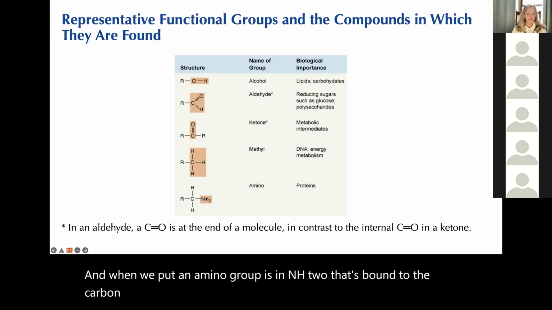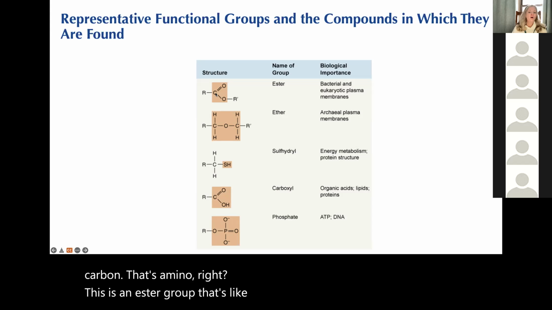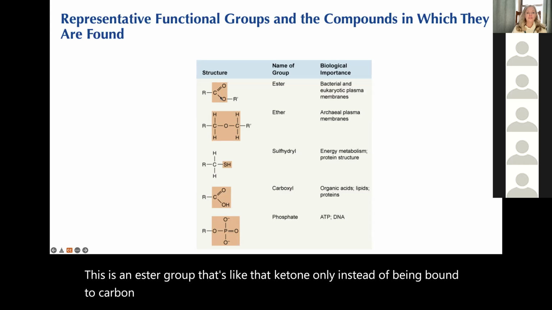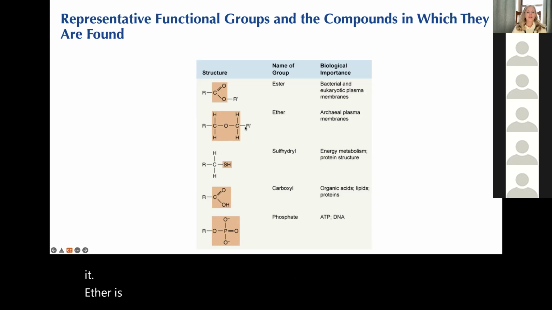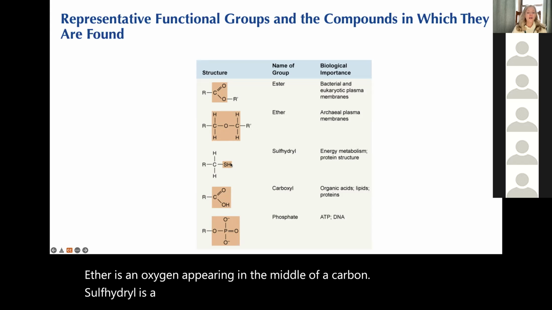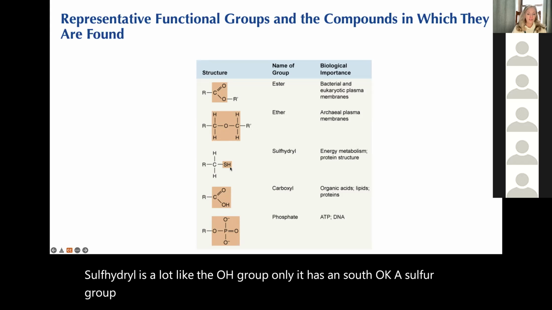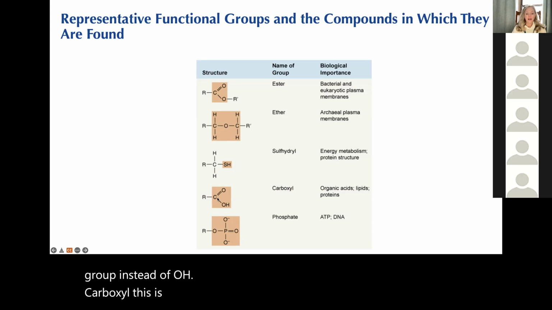This is an ester group. It's like that ketone, only instead of being bound to a carbon and other carbons, it has this other oxygen bound to it. Ether is an oxygen appearing in the middle of a carbon chain. Sulfhydryl is a lot like the OH group, only it has an S, a sulfur, instead of the O. Carboxyl, this is one you really want to get to recognize.